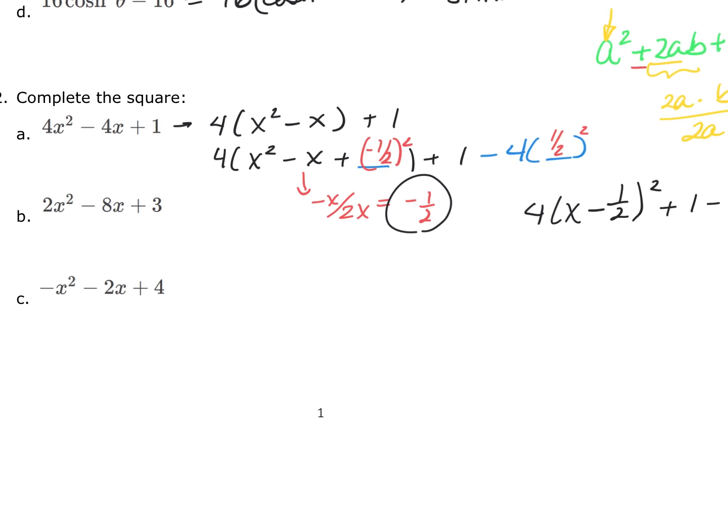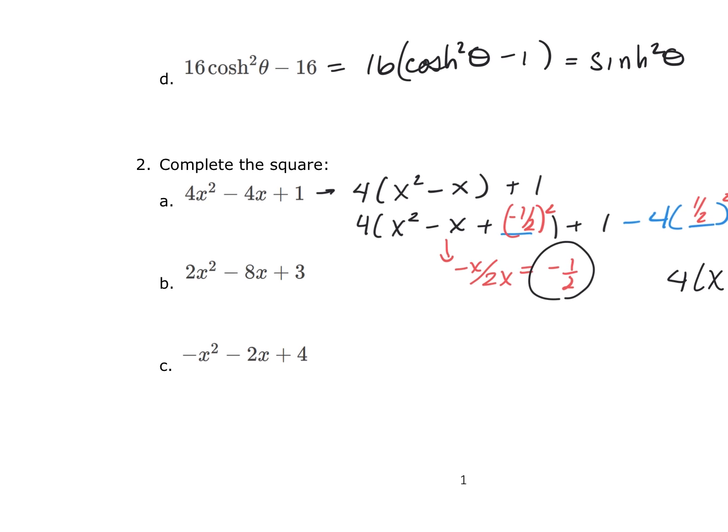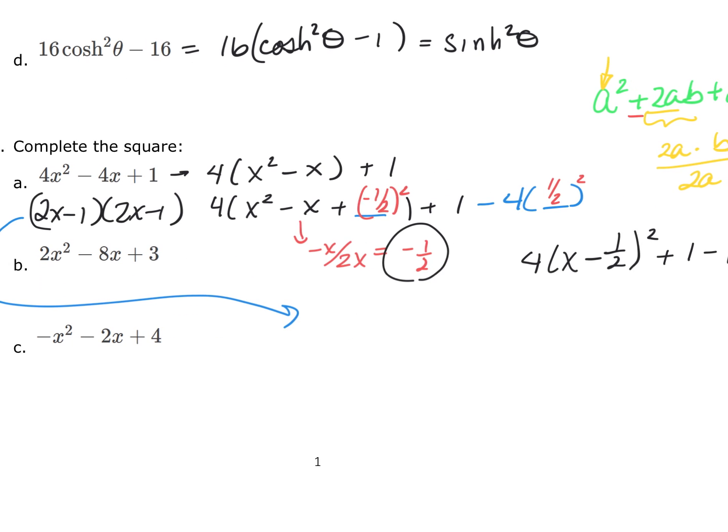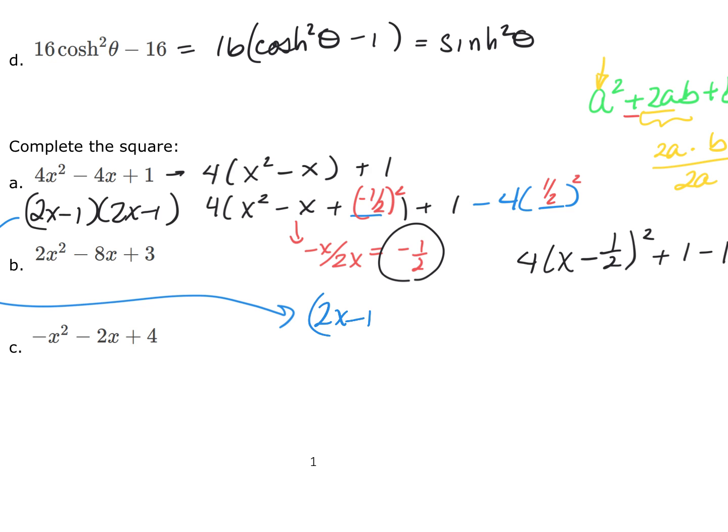Well, sometimes I don't always see it. And also, here's the deal. If I see that this becomes 2x minus 1 and then 2x minus 1, which is basically the same thing, this is 2x minus 1, the quantity squared, which is kind of a perfect square.